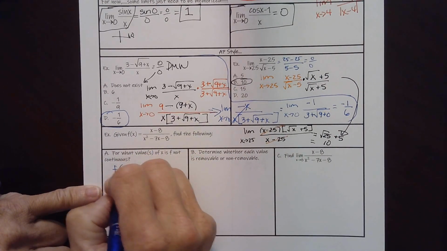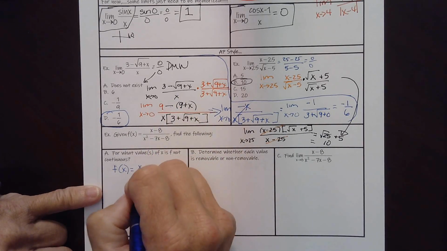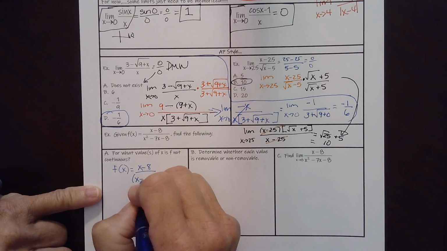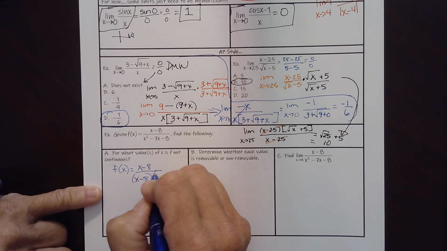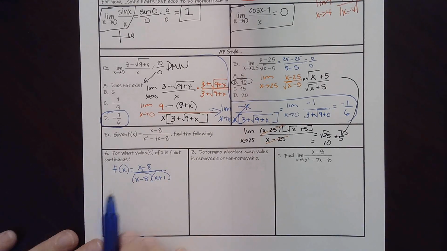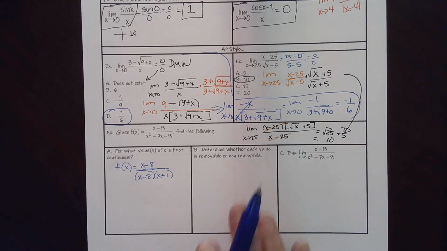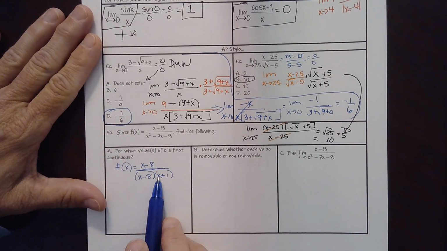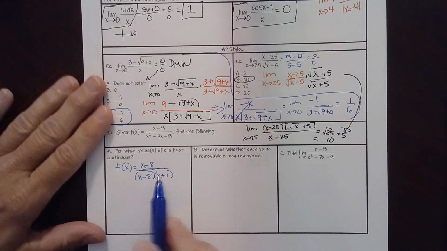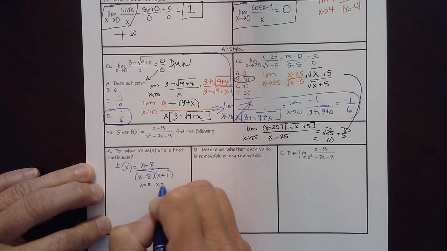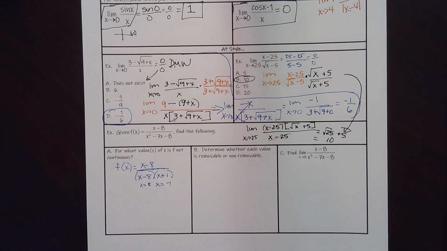So my f of x equals x minus 8 over, my denominator will factor into, this is good, x minus 8 times x plus 1. And from this version, I know that this function will not be continuous at whatever x value makes the denominator 0. So, x equals 8 and x equals -1 are the values that make this function f not continuous.